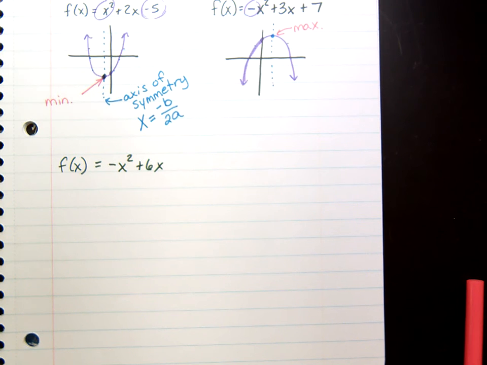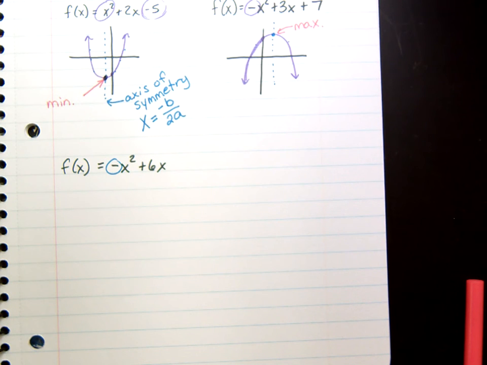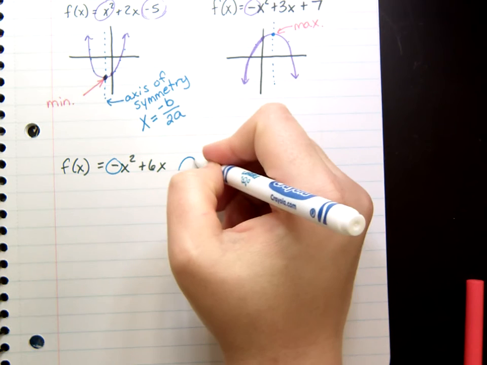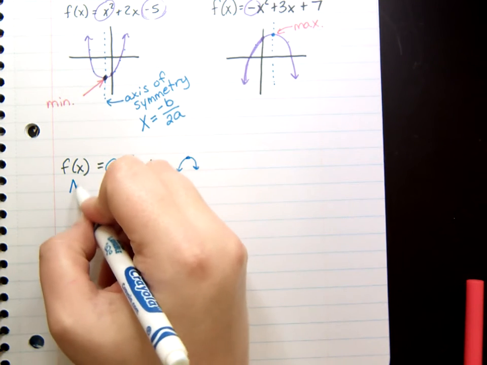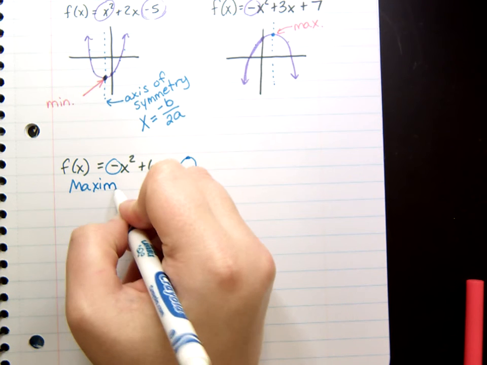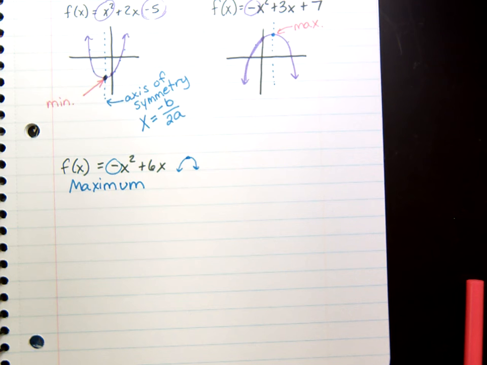I know right now that because this is negative, the graph opens downward, which makes my vertex a maximum. So I can tell that just by looking at the equation.